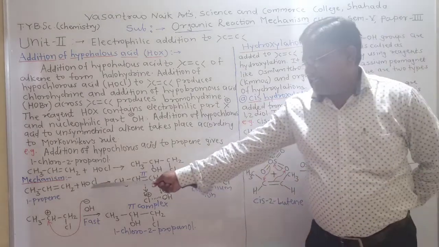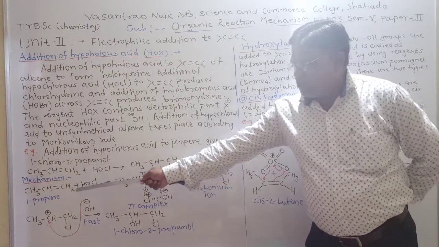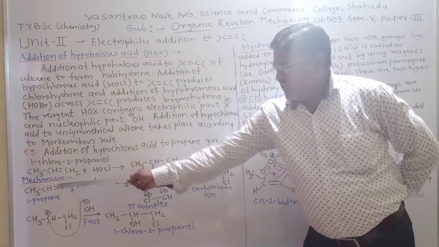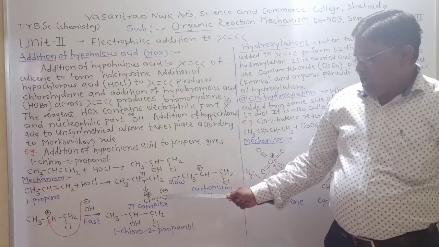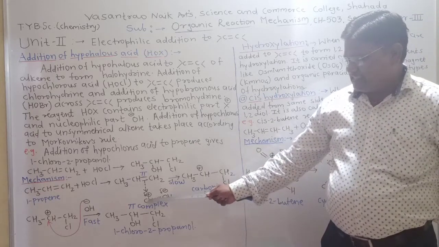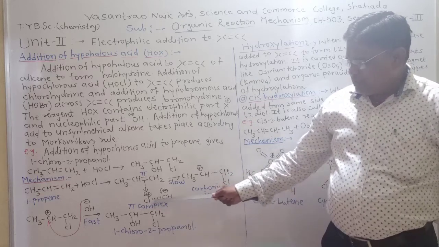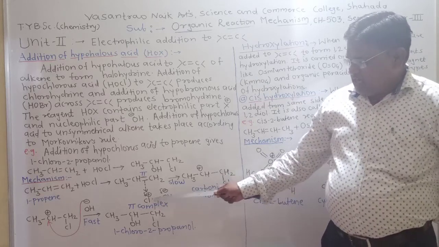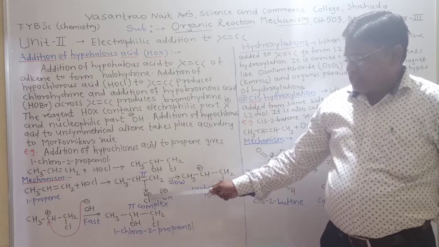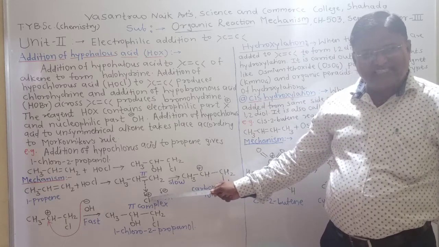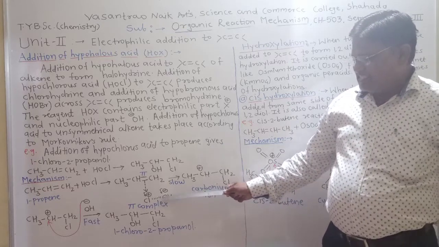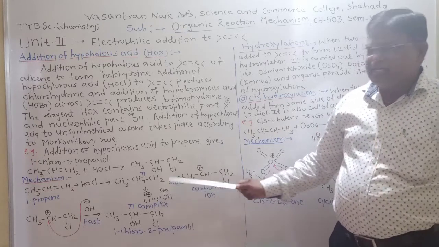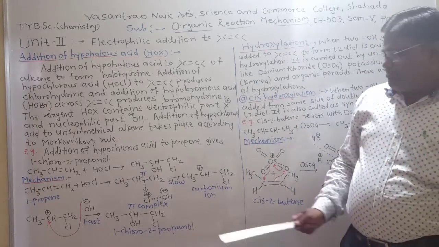When hypochlorous acid comes close in contact with alkene, polarization takes place in hypochlorous acid. Due to the polarization, the chlorine atom carries positive charge and acts as electrophile, and OH carries negative charge and acts as nucleophile.